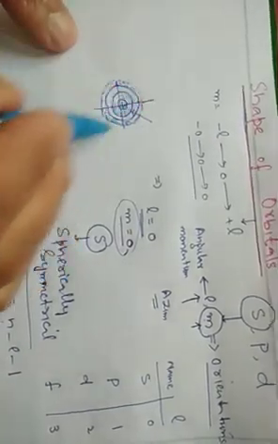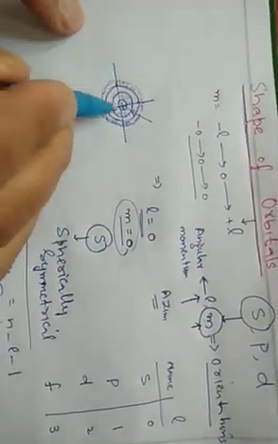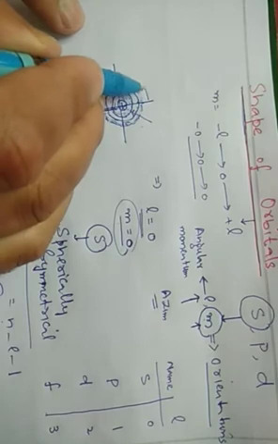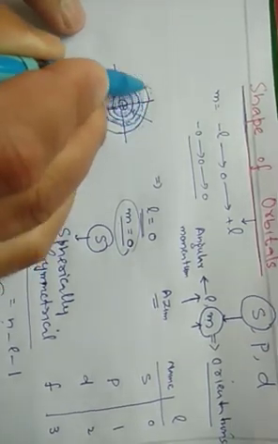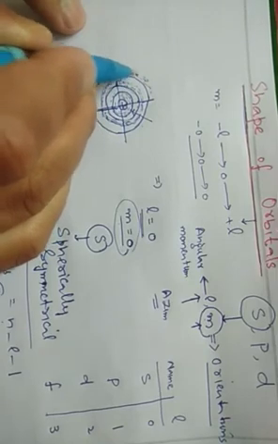So then you have to move away further, and then again create a space here, and then this is electron rich.